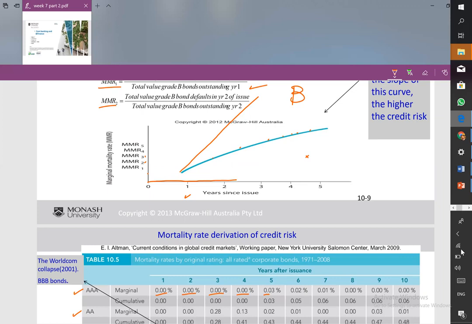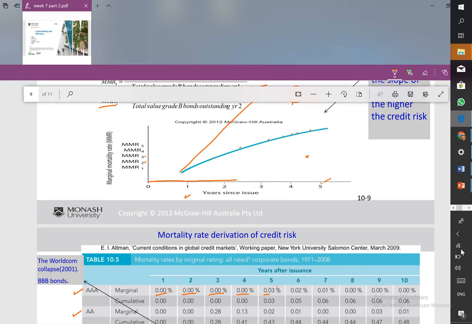Then it will increase, I think, in year 5. Then in year 5 it will start here. A little bit, the curve will start to go up in year 5. The first point here, and then it dropped.